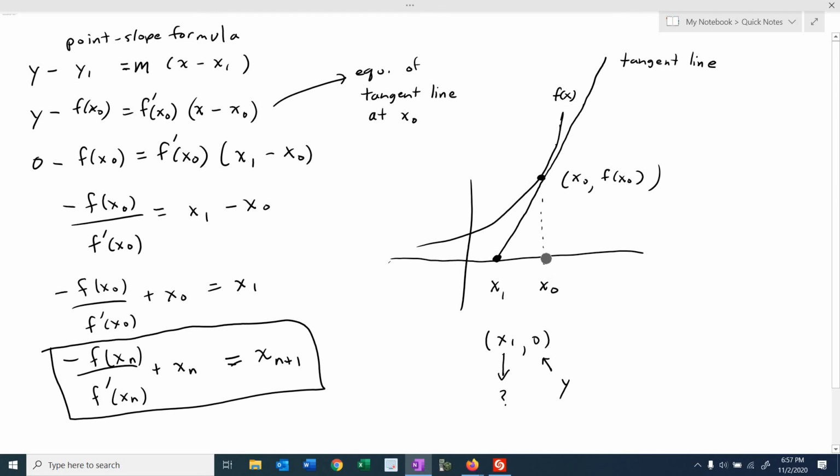So for example, if I know x sub 0, I can plug x sub 0 into here, and that will give me x sub 1. But if I know x sub 1 and I want to find x sub 2, then I would plug x sub 1 in here for these three, and that would give me x sub 2.